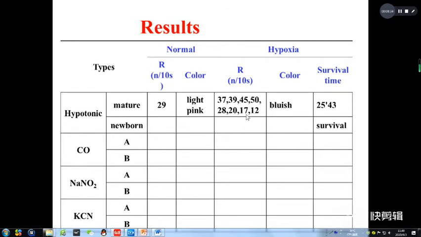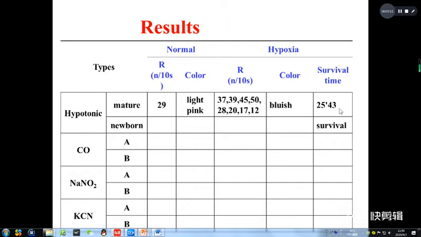Now during the hypotonic hypoxia, the respiration alters: 37, 39, 45, 40, now 28, 20, 17, 12, and stop. Now color of skin and lip is bluish. What happened? Cyanosis. You think, what is cyanosis?